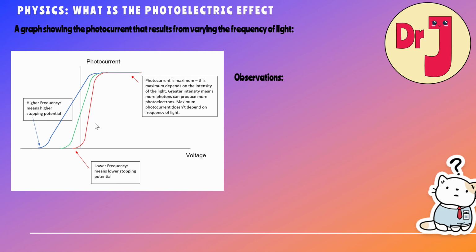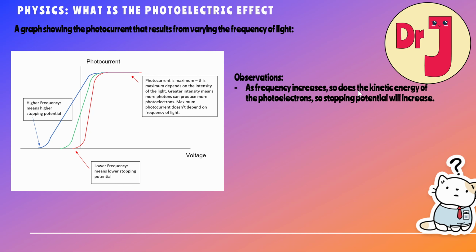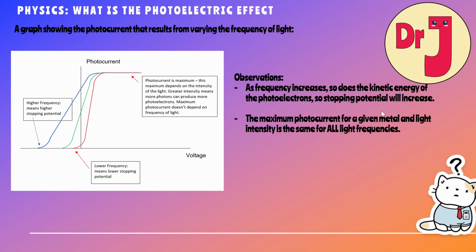The higher the frequency of light, the more kinetic energy the photoelectrons will have, therefore the higher the stopping potential will be before we can actually stop those photoelectrons. So as frequency increases, so does the kinetic energy of the photoelectrons, so the stopping potential will increase.